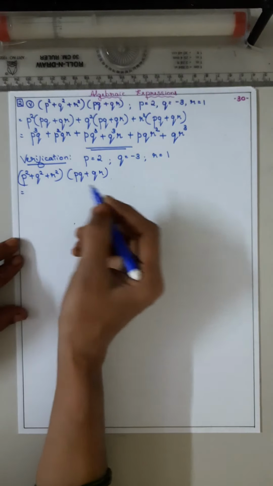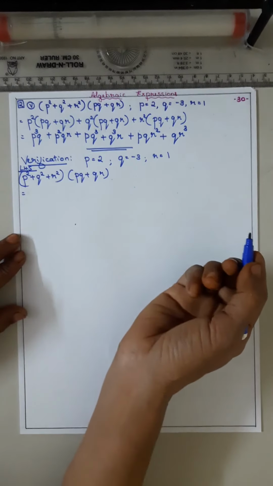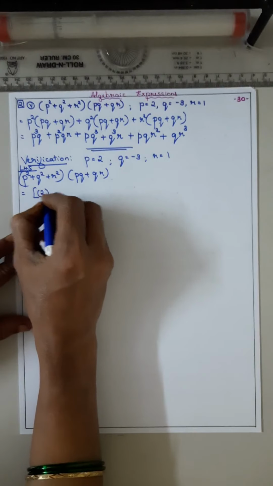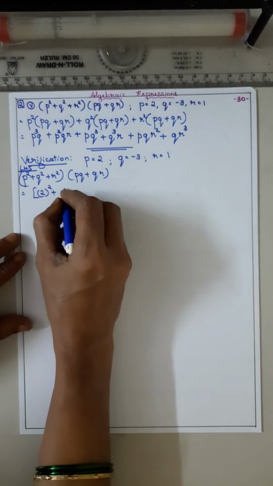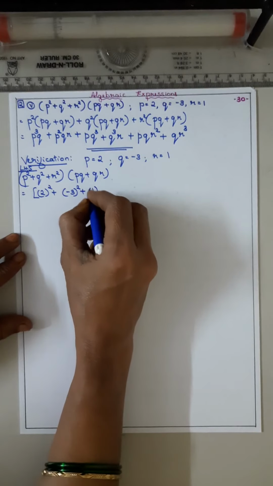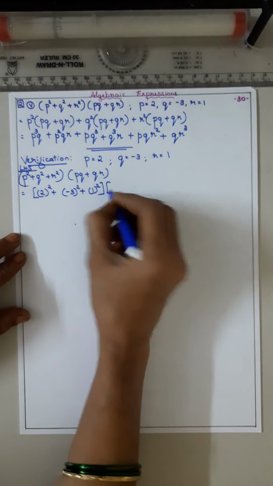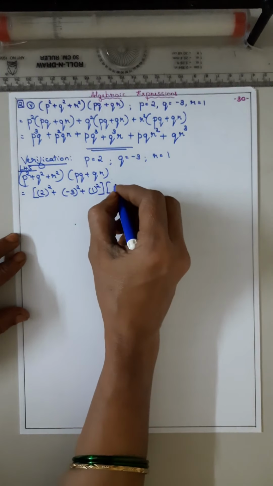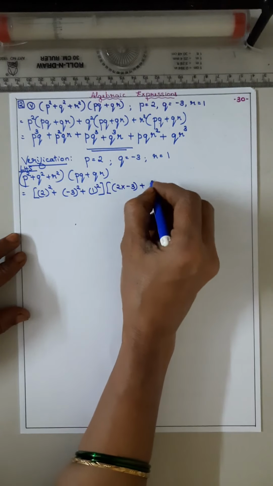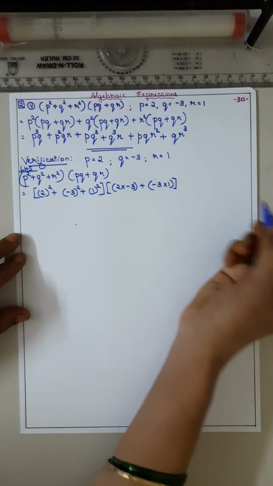Now put the values. Sorry, I have not written LHS. That is P squared, that is 2 squared, plus Q squared, minus 3 squared, R is 1 squared, bracket close. Now again square bracket open, PQ means 2 into minus 3 plus QR means minus 3 into 1.